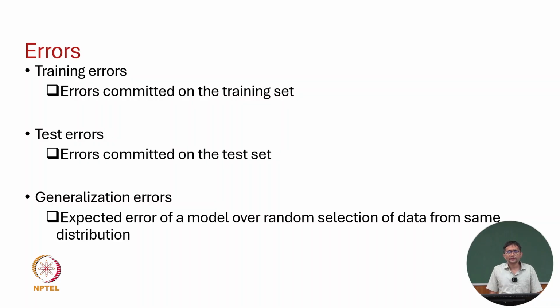Similarly, we often also hear the name generalization error. So this is the expected error of a model over random selection of data from the same distribution.